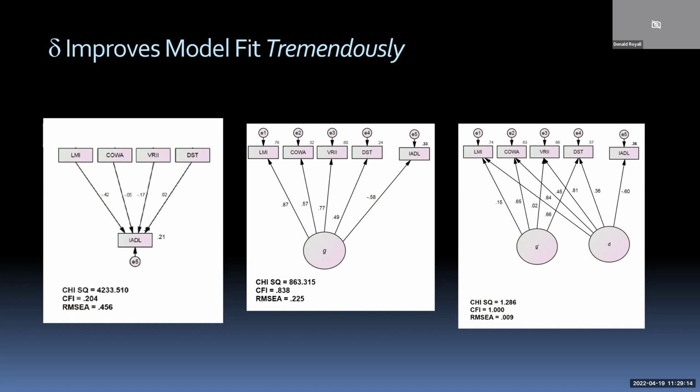The least well-fitted model is a simple multivariate regression, which was the state of the art until about 2007. And so generally you'd see that some of the measures are significantly associated, some of them aren't. Most of them are statistically weak, and only one of them is even moderately strong as a predictor of observed IDL. And in their aggregate, they only explain about 20% of the variance in IDL.